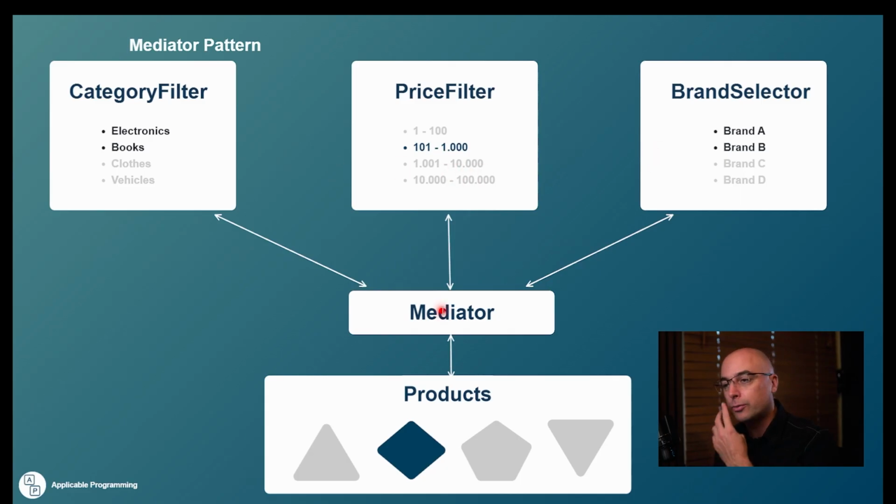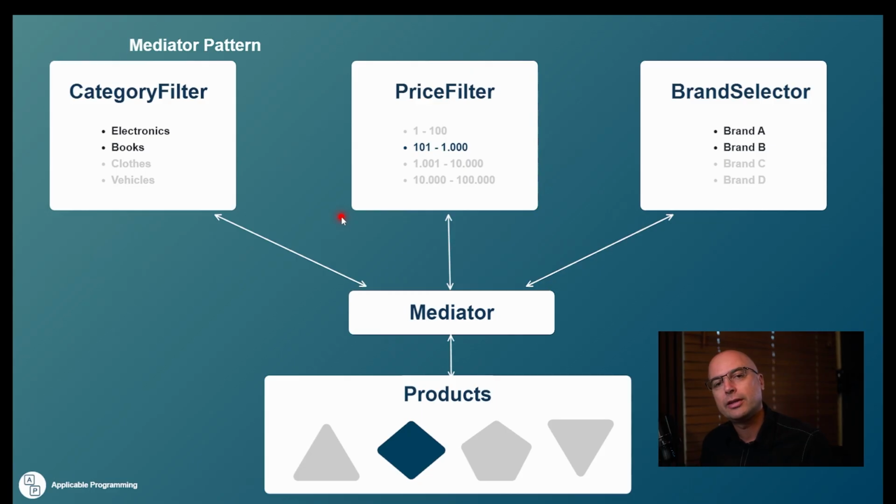A Mediator would contain some logic that will tell the brand selector which options should be enabled and disabled, and do the same for the price and the category, and maybe the products component as well. It could also update the UI, indicating that one product, or maybe 5 or 10, are being shown out of the entire inventory, and it could update the pagination, things like that.